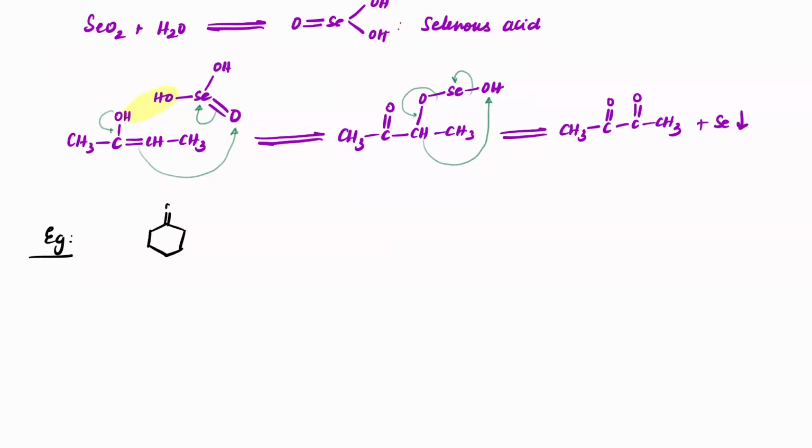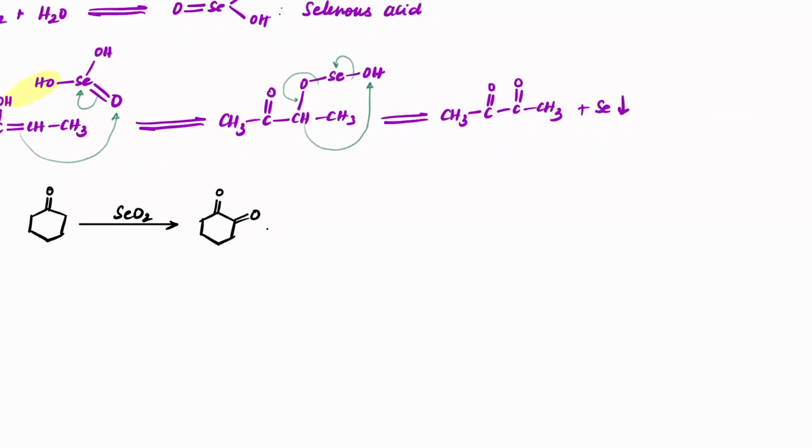Suppose you have a ketone here and I treat this with selenium dioxide. First you would get a diketone like this. Can you notice this is very similar to the benzilic acid case? That's why when you react with NaOH, first you will get a 5-membered ring like this, because it will become more like the benzilic form with OH and COO minus.